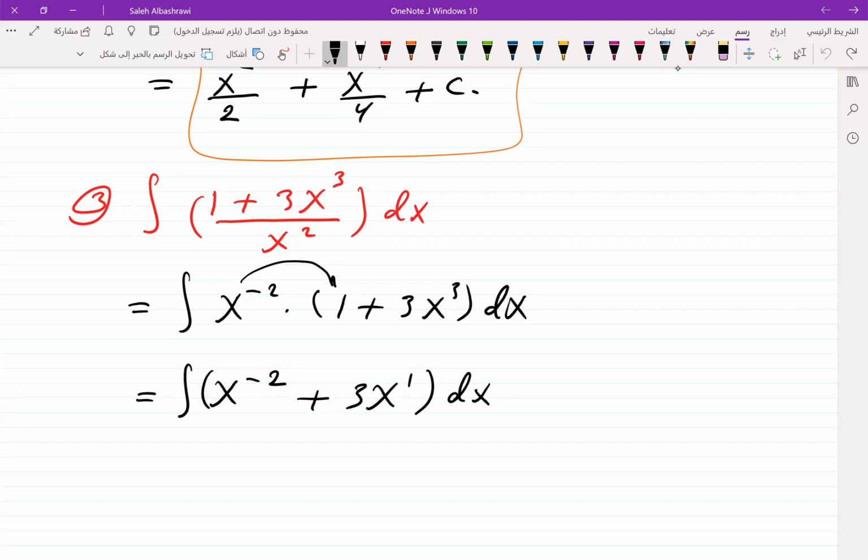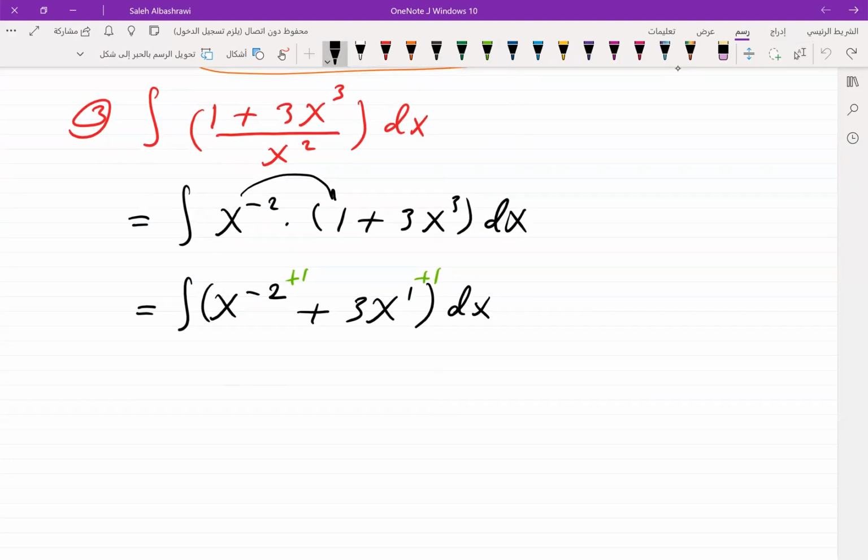Now integrate, add 1 there and add 1 to the second term for the integration. Then I will have x to the power minus 2 plus 1 is minus 1, divided by minus 1, divided by the power, plus 3 multiplied by x to the power 1 plus 1 is 2 divided by 2 plus the constant.